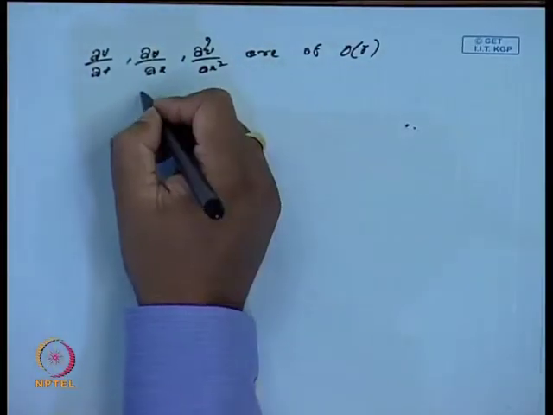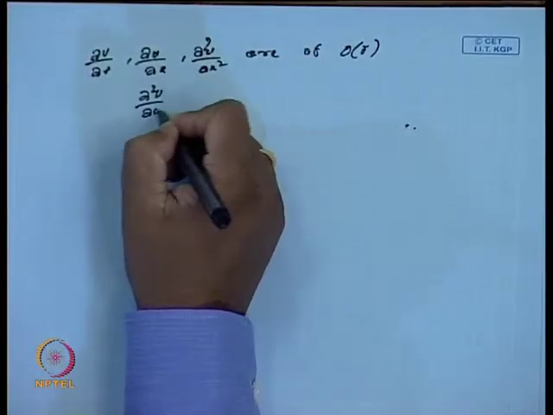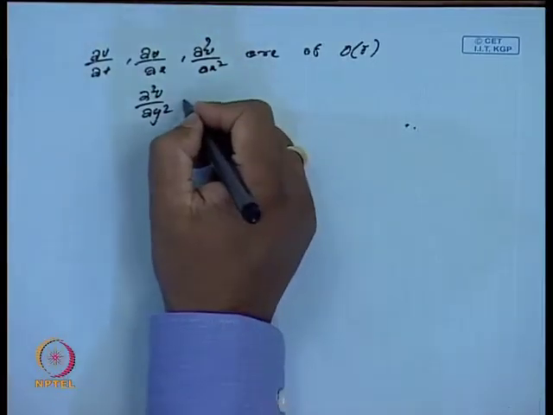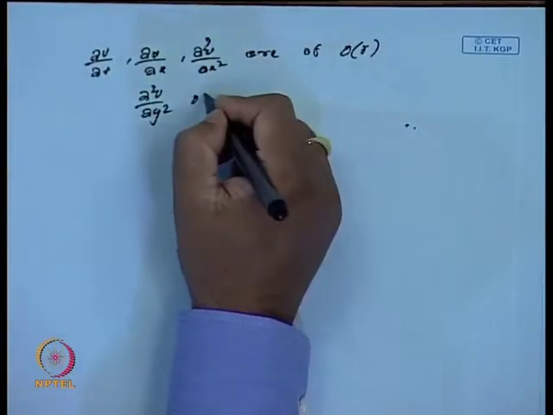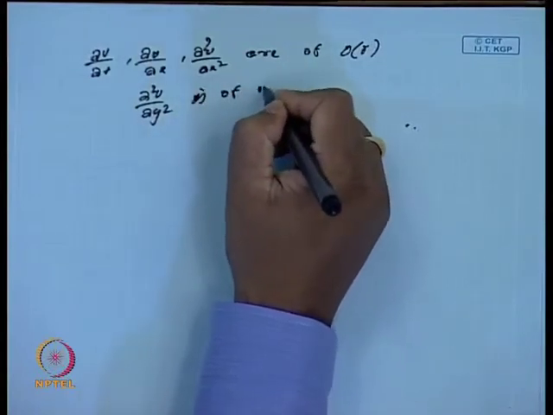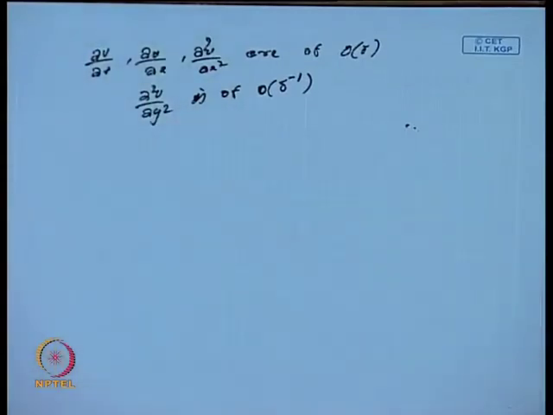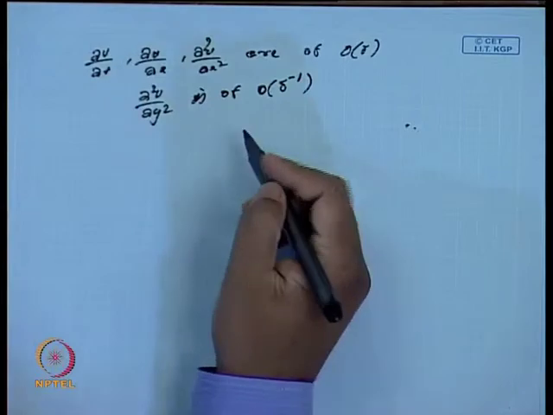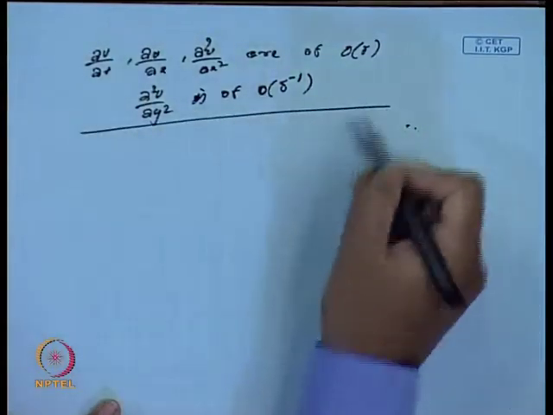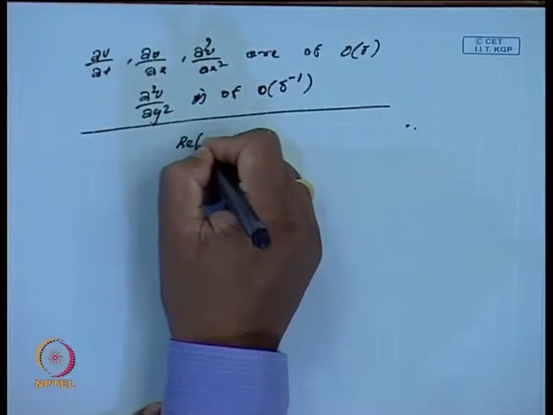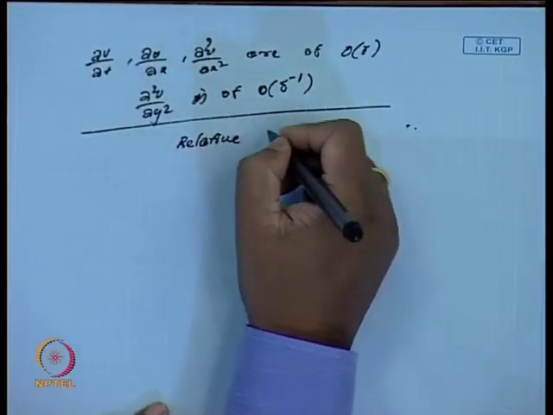On the other hand, what will happen to del square v by del y square? Because y is of order delta, v is of order delta, this is of order delta to the power minus 1, because y square will be of order delta square. This way of defining the order is called relative order of magnitude.